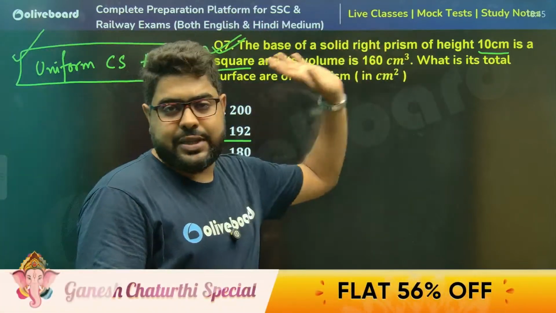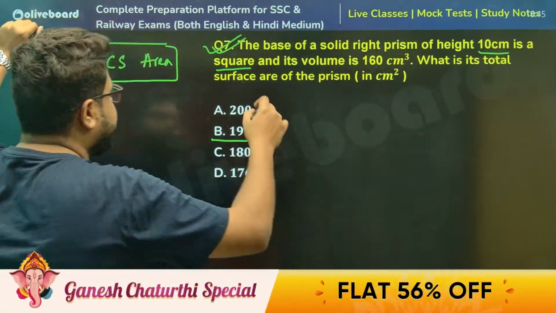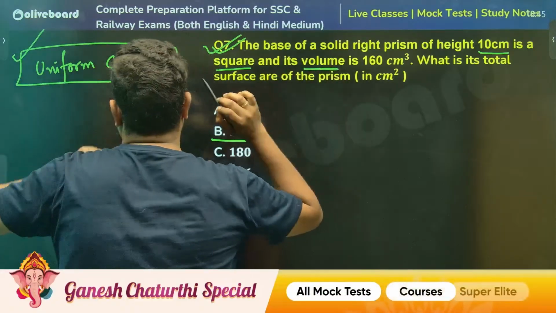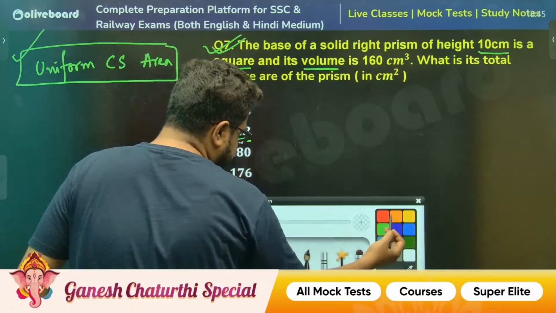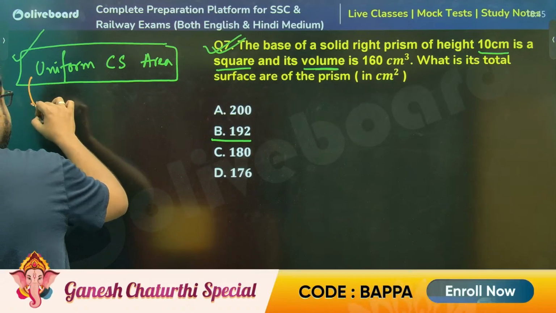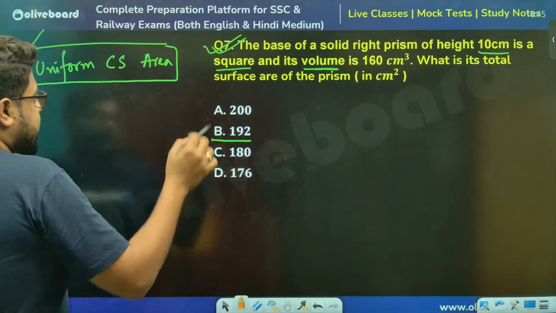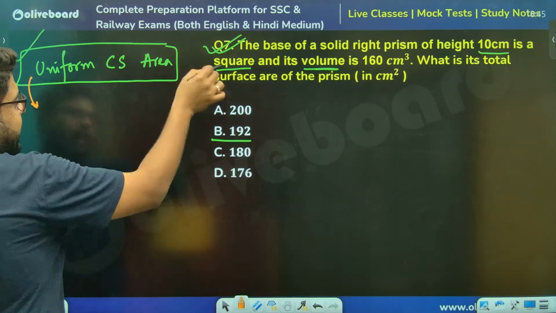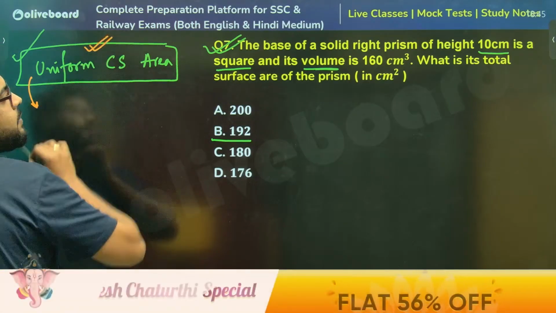Prism is one such thing. So the volume formula comes like this. This is not only for prism, and if you learn this way, you don't need to remember so many formulas for every 3D structure.